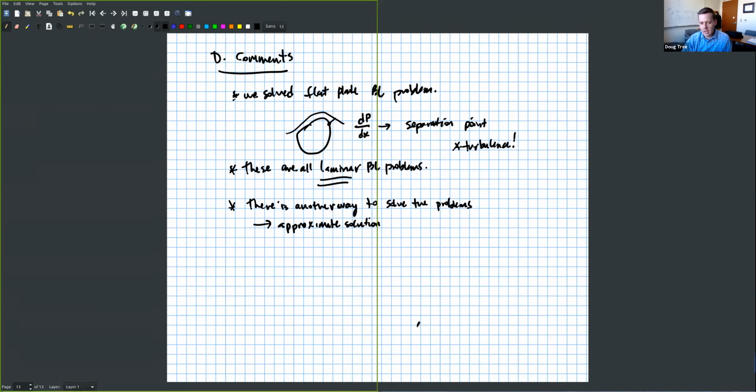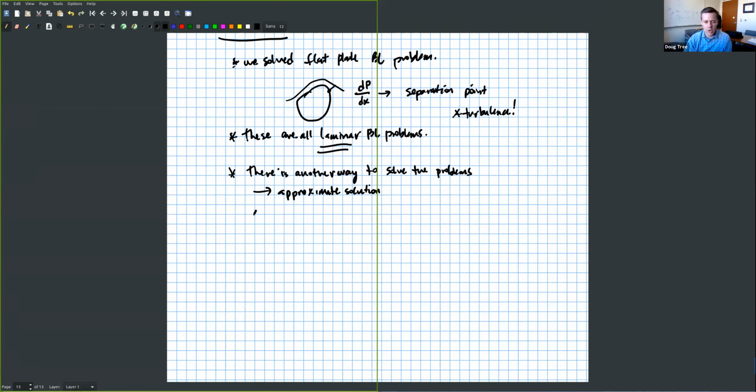What you'd really like to have at the end is an explicit solution, right? Where you can say Vx equals something and Vy equals something. This approximate solution goes by the name of the von Karman solution.